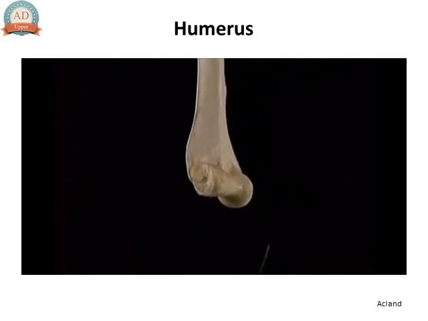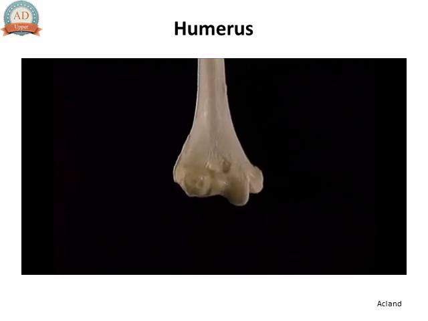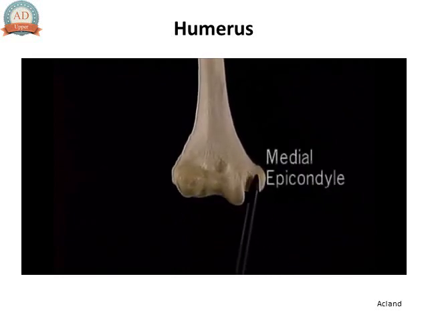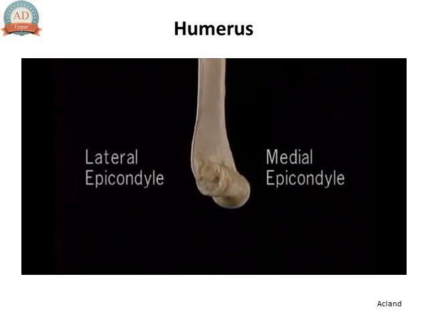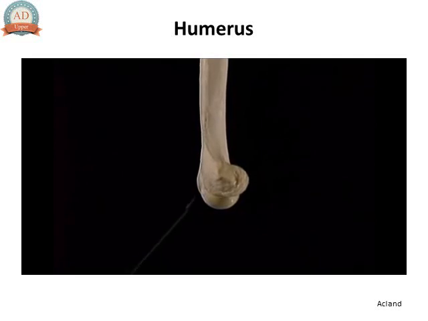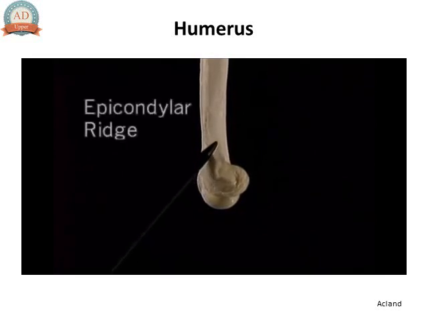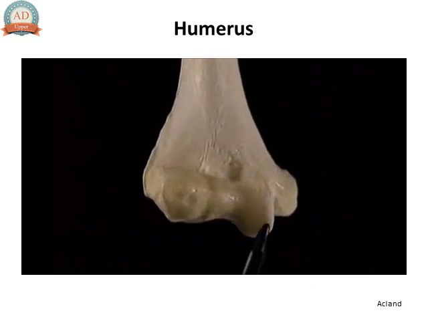It's flattened from front to back, with a complicated articular surface and two prominent lumps, the medial epicondyle and the lateral epicondyle. These are major muscle origins, as we'll see. Above each epicondyle is a ridge, the epicondylar ridge. Here's the lateral one. The articular surface is in two parts.